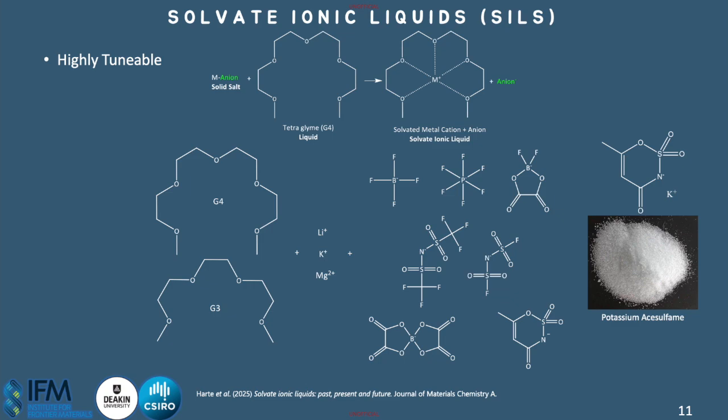However, these are not soluble in the ether ligand or ether glymes, so this is a limitation of the solvate ionic liquid system, that the salt has to be soluble in the ether system in order for the chelation to occur. The current working hypothesis is that a degree of halogenation is required. So the attempt to make non-halogenated solvate ionic liquids is a work in progress, but it is not necessarily possible.